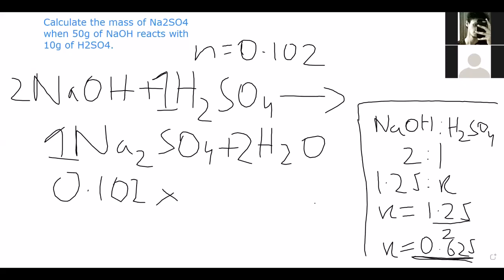We'll multiply it with the MR. The MR will be 142, so the mass of sodium sulfate will be equals to 13.5 grams.